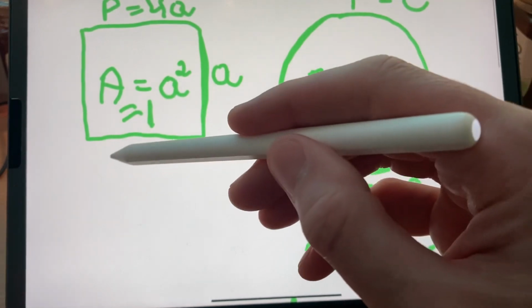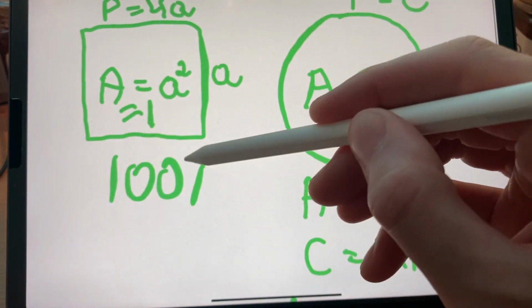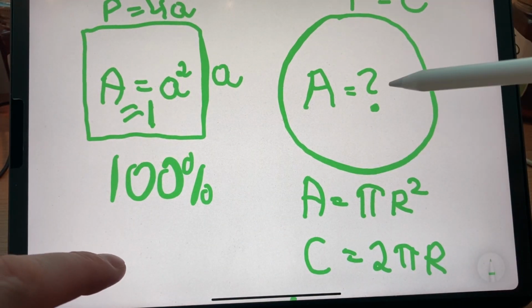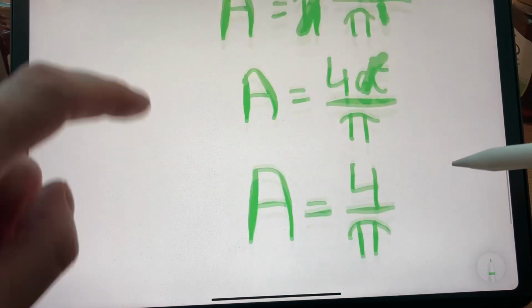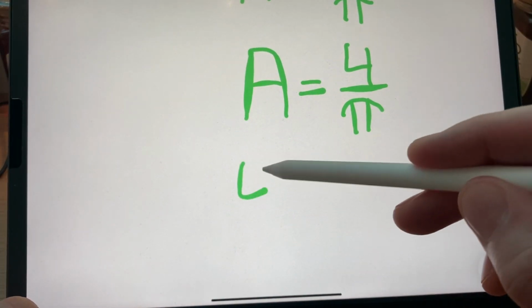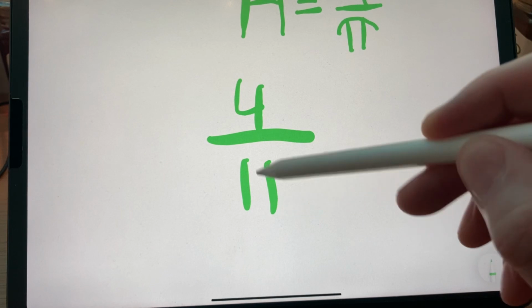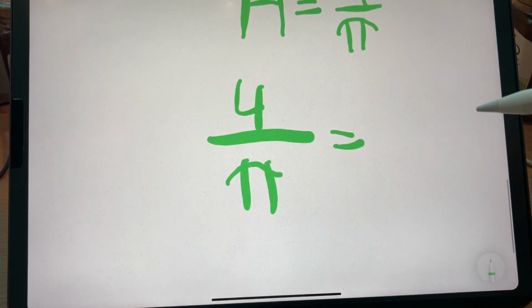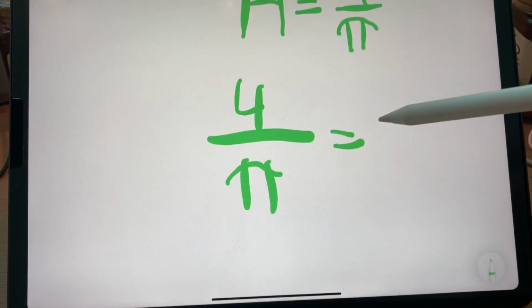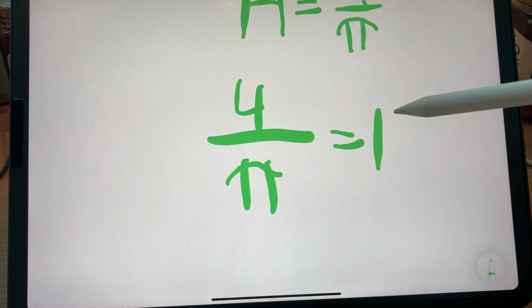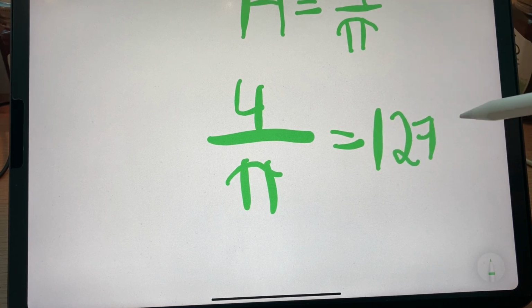So if the area of the square is 100%, then the area of the circle is going to be 4 divided by pi. If you take a calculator, it's about 1.27, which means about 127%.